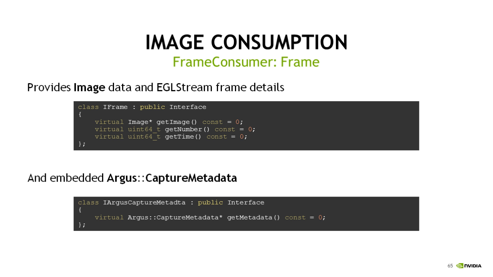Acquired frames provide access to the image object associated with that frame, as well as frame details reported by the EGL stream. If you'll recall, however, I mentioned during the discussion about Argus metadata that metadata may be embedded within an EGL stream's frame. Therefore, whenever a frame consumer is connected to an Argus producer, the Argus capture metadata interface will also be supported by each frame, such that the Argus capture metadata object may be retrieved directly from the EGL stream frame.